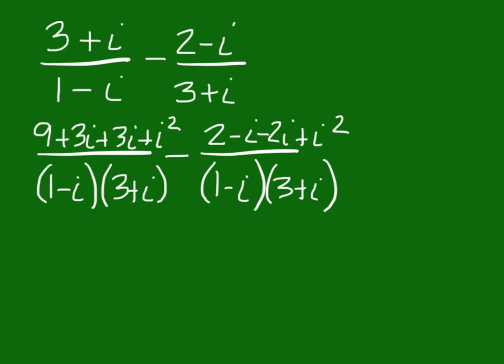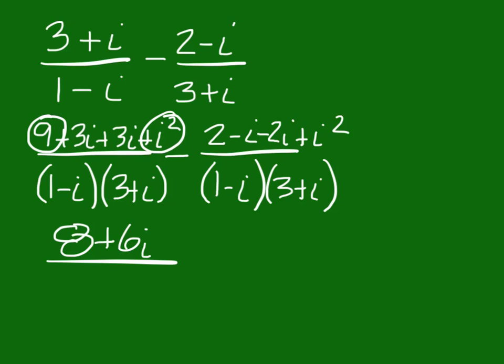Now we can go back and simplify. On the top we're going to have negative 1 and 9 to make an 8, and then a plus 6i. And here's a minus 1 and a 2, that would make a 1. Negative i minus 2 is minus 3i.